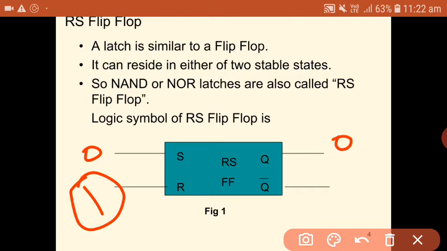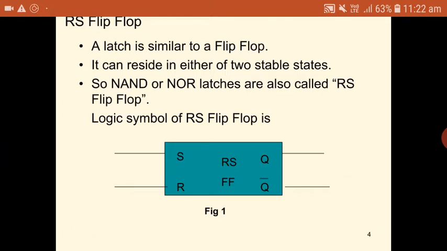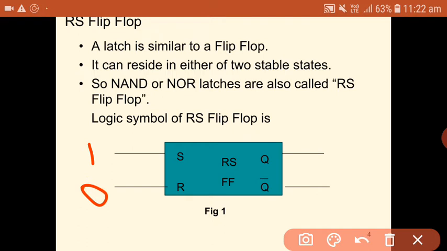So the output will be 0 and its complement will be 1. Only for the 1 0 combination, you will get output Q as 1 and Q bar as 0. Since the set input is 1, you are setting the flip-flop. Setting the flip-flop means making its output equal to 1, and obviously its complement will be 0.